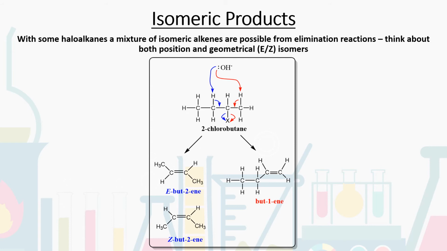For E-but-2-ene, our two heavy groups are the two methyl groups, one above and one below on opposite sides, and therefore it's E. For Z-but-2-ene, they have to be both above or both below the double bond. Here they're both below it, and so it's Z-but-2-ene. Remember that it's not possible if we have two of the same group attached to the same carbon. So for but-1-ene, we can't have E/Z isomerism because we have two hydrogens attached to that rightmost carbon.